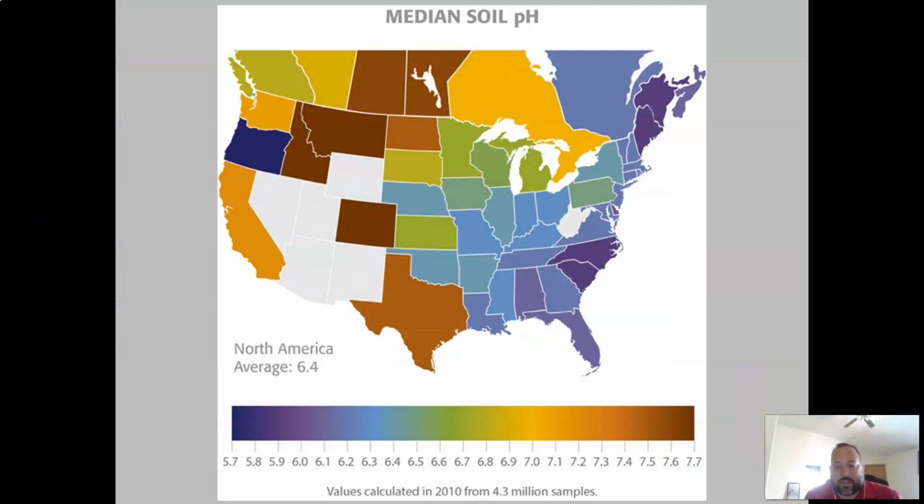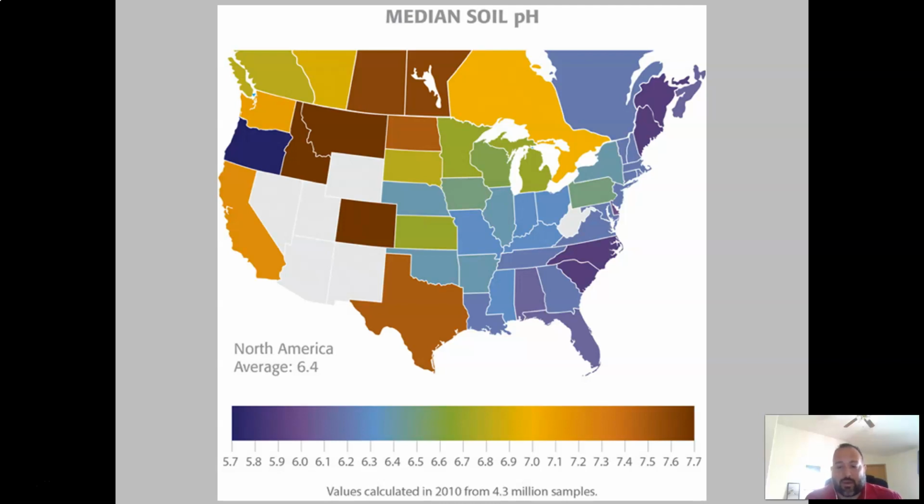So here's just a picture of the United States and the different pHs in the soil. The average for North America, including Canada, is about 6.4. So just outside of that real ideal range that we want, but definitely in a range that's ideal for plant growth. And you can see California with the color that's there.